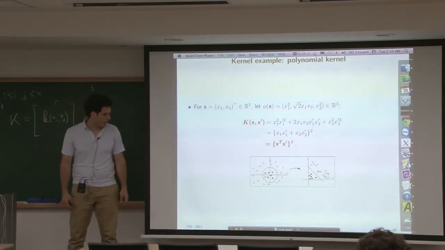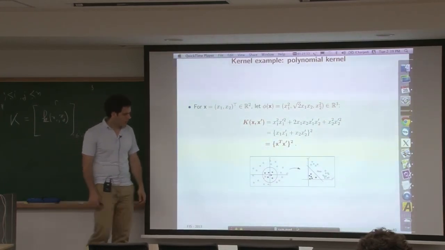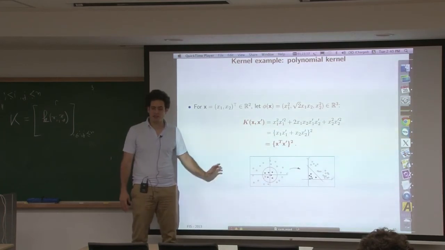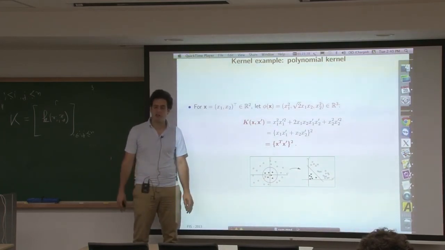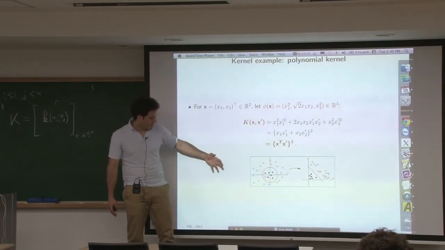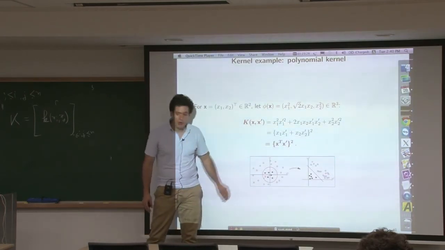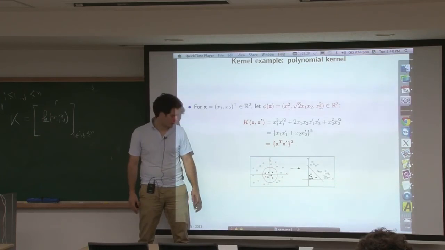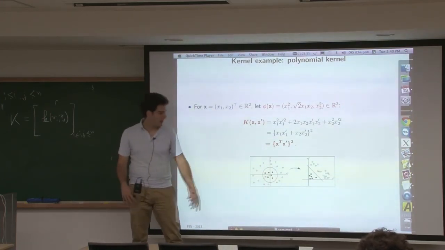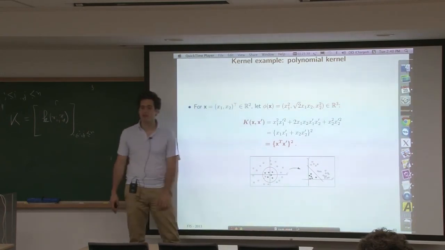This is a very canonical example, so you will see it in almost all the SVM lectures that you will find on the web, but it's interesting. Suppose that my classification problem is the following: I have white dots outside a circle and black dots inside a circle.